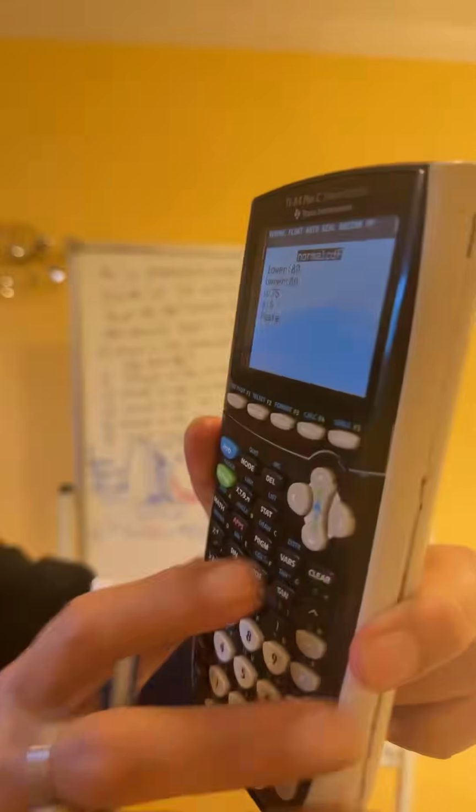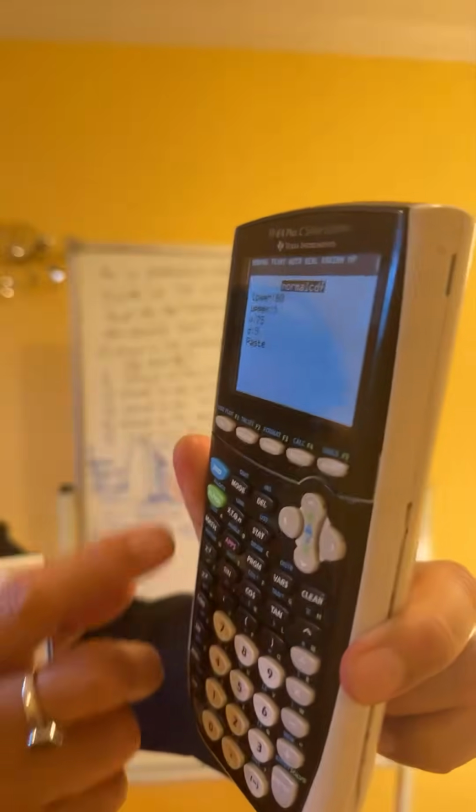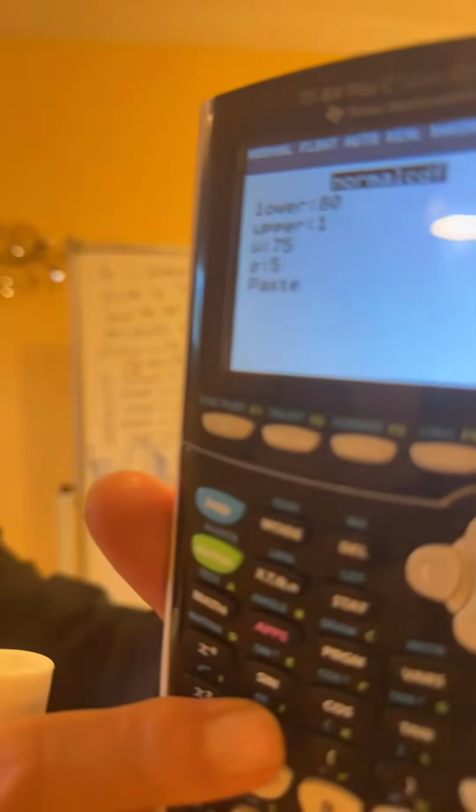For my upper boundary, first I type 1, then the second button, and then the comma button. The comma button is on top of 7 to get the E. E stands for exponent or 10 to the power of, and then I type 99. That means 1 followed by 99 zeros, which is a large number on the right, suggesting an infinite number.